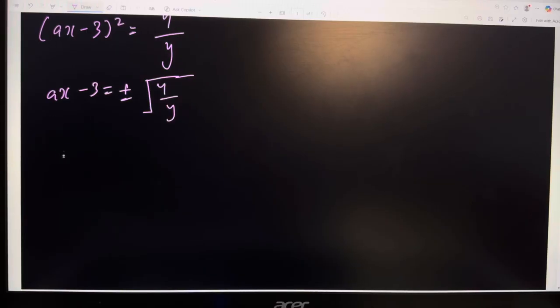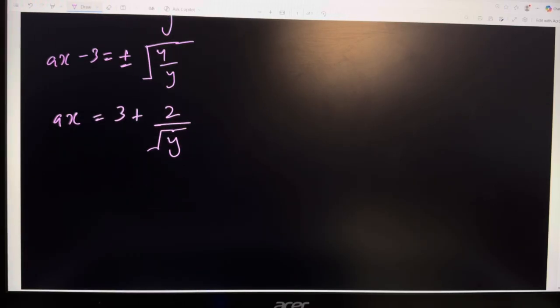So this becomes ax is equal to minus 3, to this side is plus 3, so 3 plus 2 upon under root y. This is what we have now, and just take a there and divide by all of this, so this becomes x is equal to 1 upon a, right? We don't really have to expand this, we can just write it down like so, 3 plus 2 upon under root y.